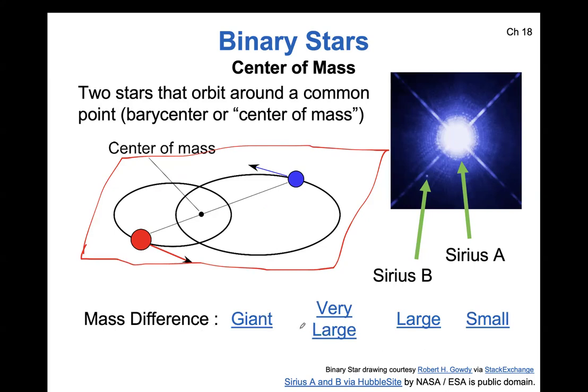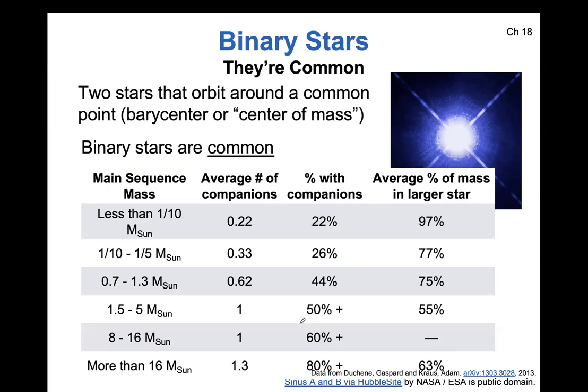And so you can have mass differences between them. So you can have a star that is a main sequence star, and then have a companion that is much smaller than it.